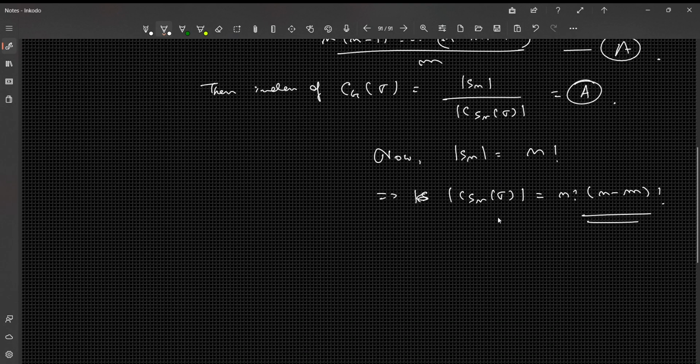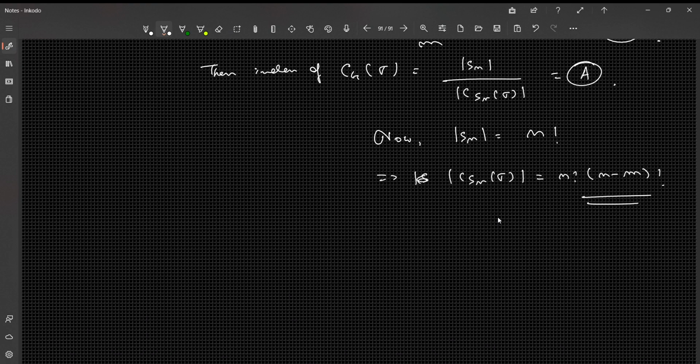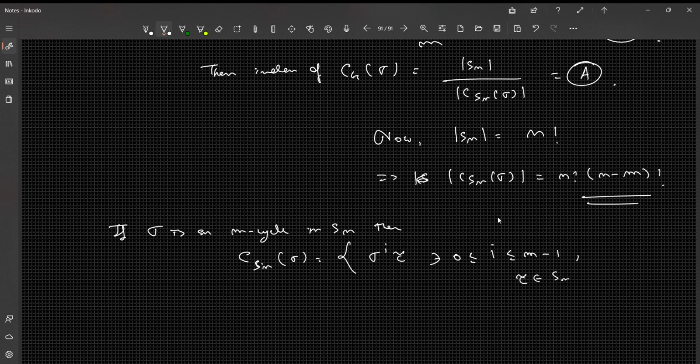The immediate conclusion is that if sigma is an m cycle in Sn, then the centralizer of sigma in Sn is the set of elements of the form sigma^i times tau, such that i is between 0 and m-1, both included, and tau is an element from S(n-m).